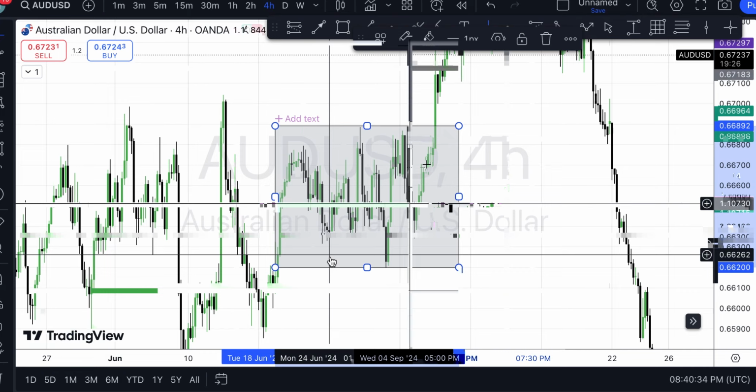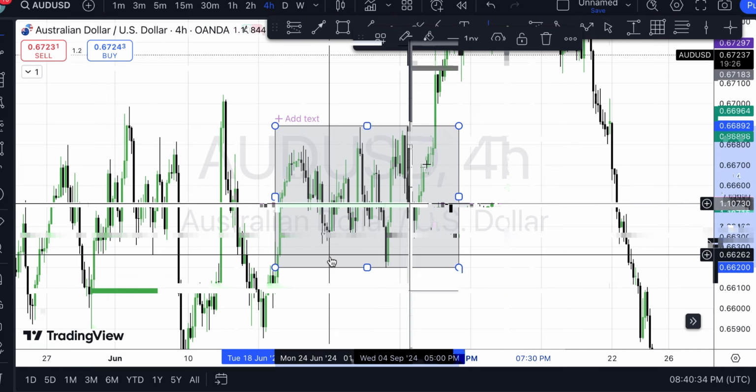So we also have risk management. Placing your stop loss orders just outside the channel helps manage risks in case the price moves against you. So let us look at combining this channel with other analysis. Channels are often used in conjunction with other technical tools like support and resistance levels, trend lines, and also indicators to make more informed trading decisions.